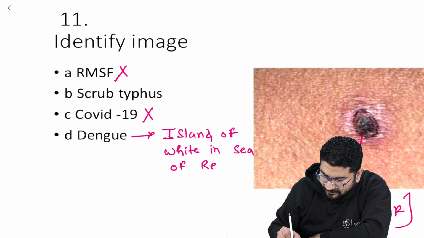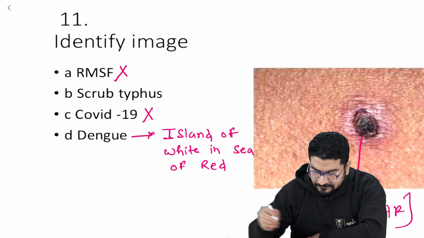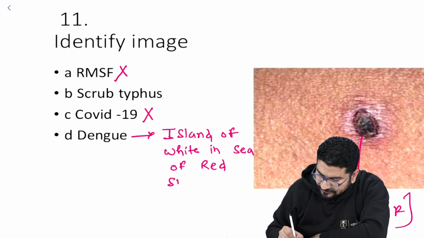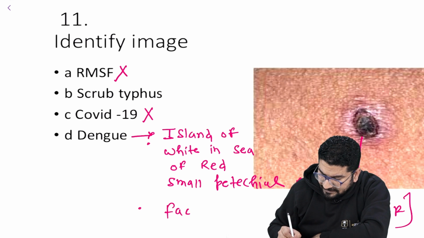These are small petechial rashes, can be multiple. So in dengue, this is the first rash. The second rash you can see in dengue will be a deep facial rash.